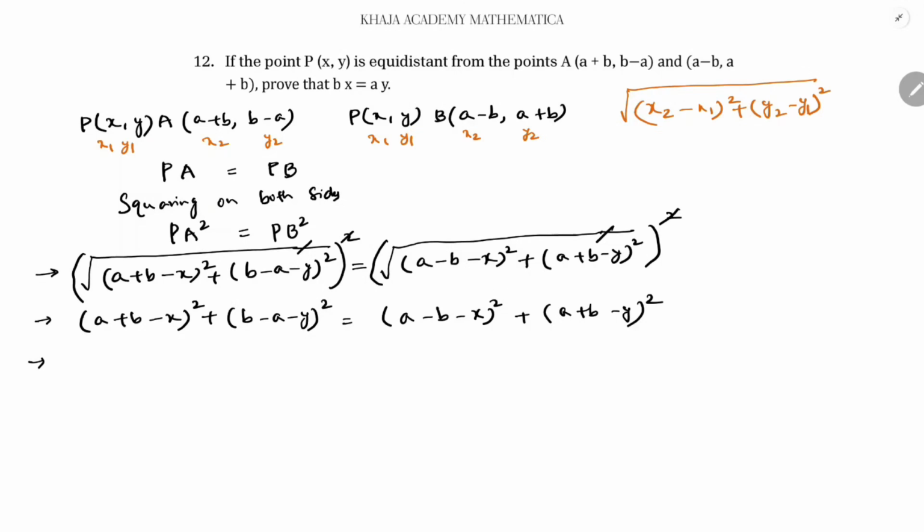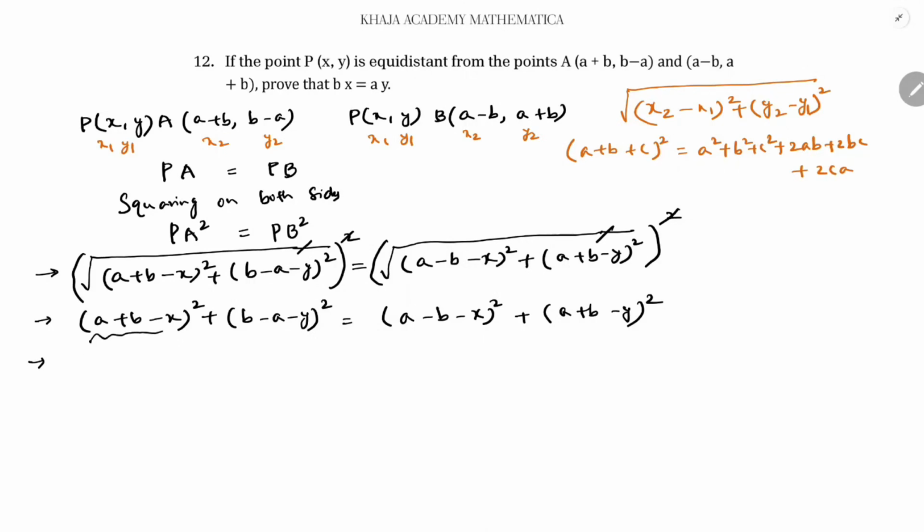Now these all are in the form of (a + b + c) whole square. So if I write the formula here, (a + b + c) whole square is a square plus b square plus c square plus 2ab plus 2bc plus 2ca. This is the formula. Now see, this term will be important, this is big.